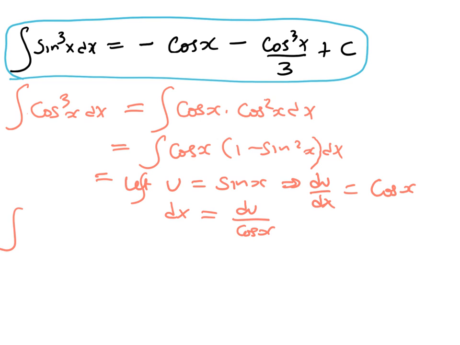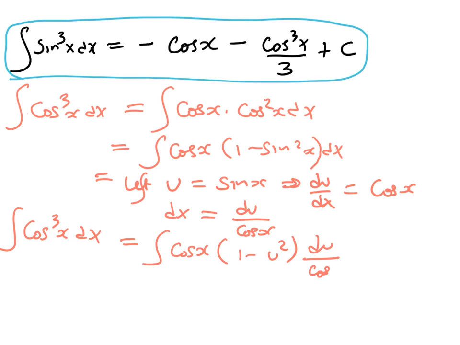So the integral of cosine cubed x dx will now be the integral of cos x into 1 minus u squared, then du over cosine x, and this will cancel out.